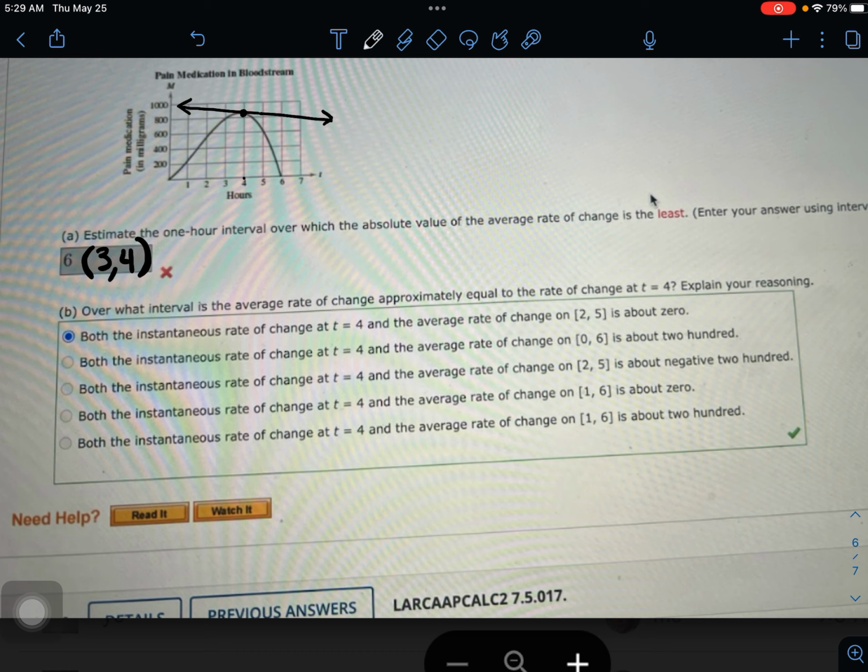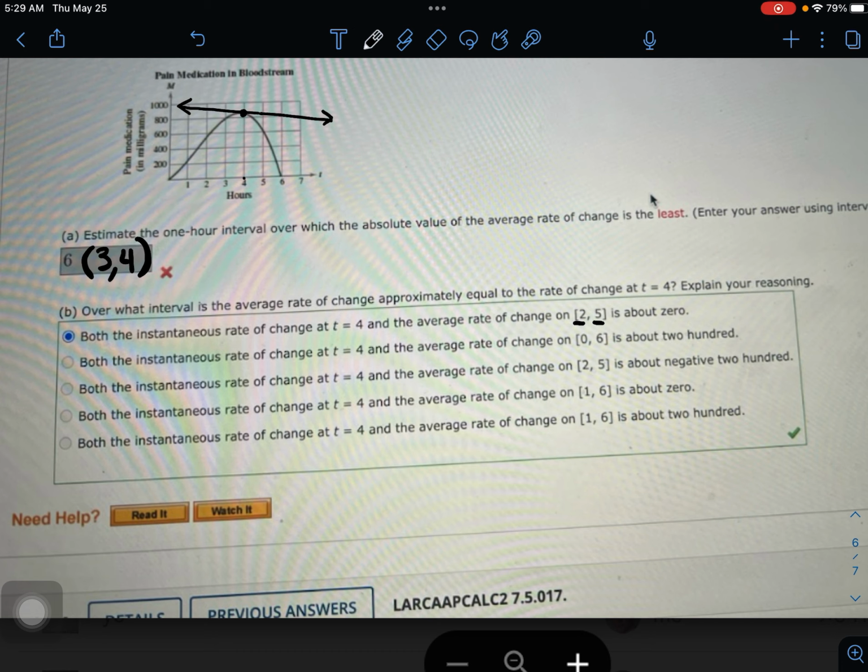And then I'm going to read the second part. Average rate of change on 2 to 5. So it says both the instantaneous rate of change at t equals 4, which we just drew, and the average rate of change on 2 to 5. Let's look at that. That's interval notation. It means you have 2 points, x equals 2, x equals 5.